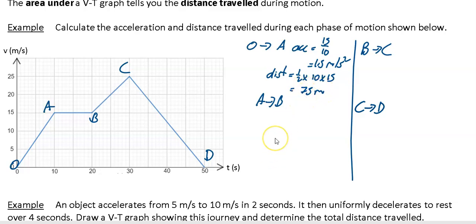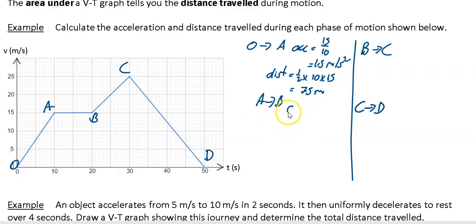From A to B, this will be a horizontal line. A horizontal line, remember, means a constant velocity. So his velocity is constant at 15 here. But if your velocity is constant at 15, that means you're not accelerating.